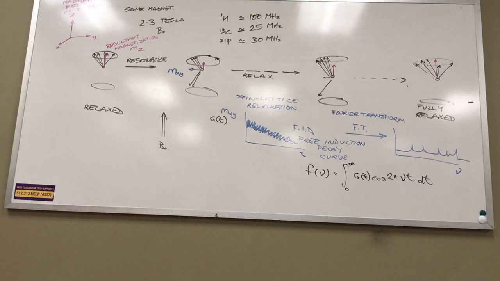That's what the Fourier transform does. And it turns magnetization versus time data into frequency data that we recognize as the NMR spectrum. And that's where we're going to get all of our proximity to electron withdrawal, chemical shift stuff from. Okay, that took too much time.